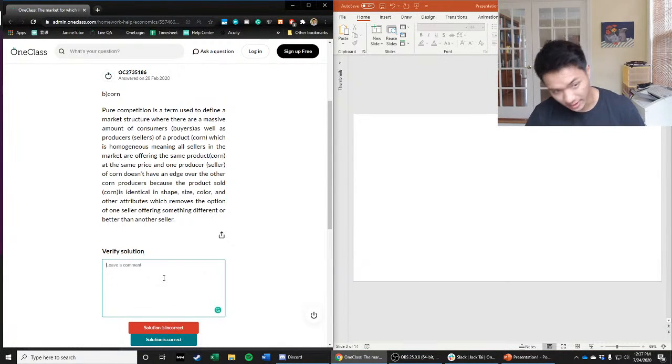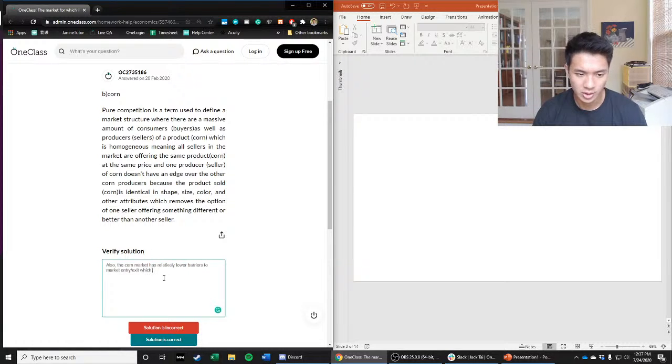So they've really well explained this idea of identical products, but I think they've missed the two other criteria. So let's talk about those. Also, the corn market has relatively lower barriers to market entry and exit, which is another criterion of perfect competition.